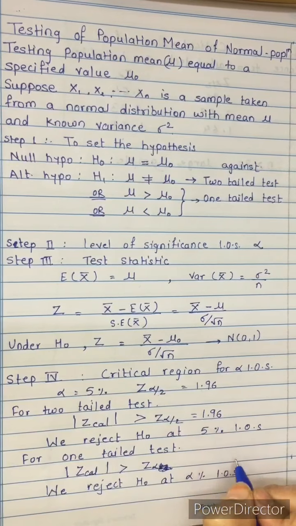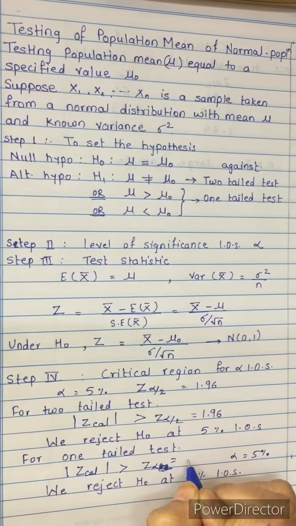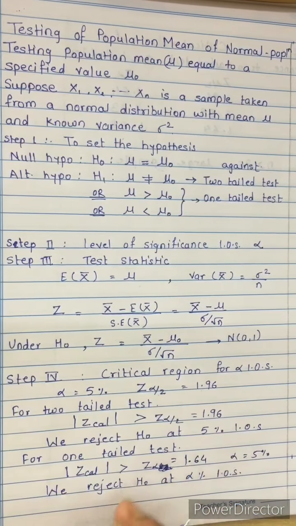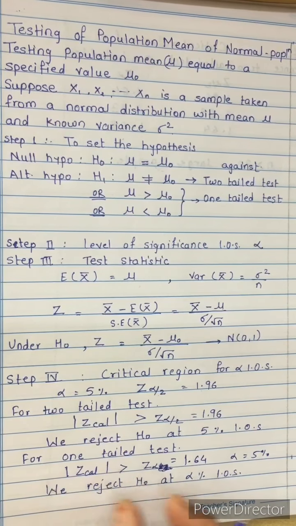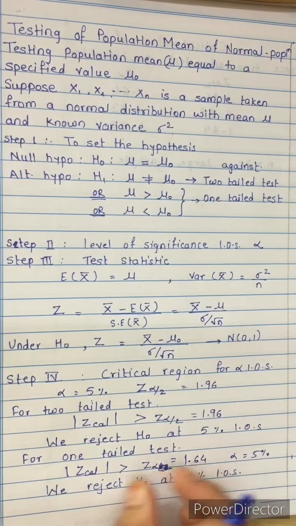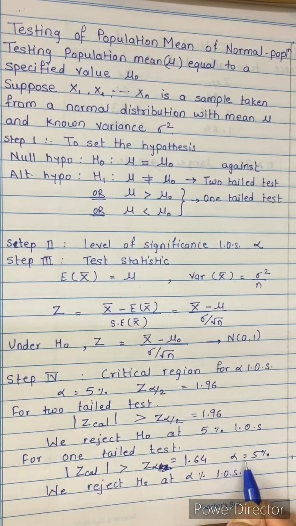That means if the value of alpha is 5%, we take Z alpha as 1.64 in a one tail test and compare the mod value with 1.64. This is the value at 5% level of significance. And if the calculated value is greater than 1.64, then we reject H0 at 5% level of significance. The specified percentage we know, so 5% level of significance.